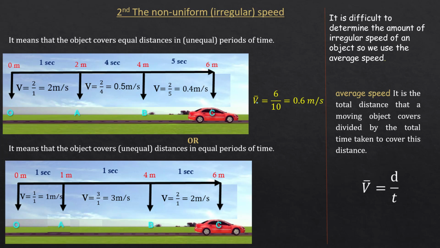So the car moves with an average speed equal to 0.6 meter per second. So let's calculate the average speed in the second example. The total distance here is 6 meters also, and the time is 1 plus 1 plus 1, it will be 3, so 6/3, it will be 2 meters per second.